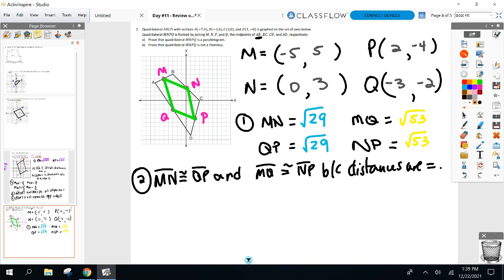And then you guys know it's a parallelogram. Right, now we could say it's a parallelogram. MNPQ is a parallelogram because opposite sides congruent.